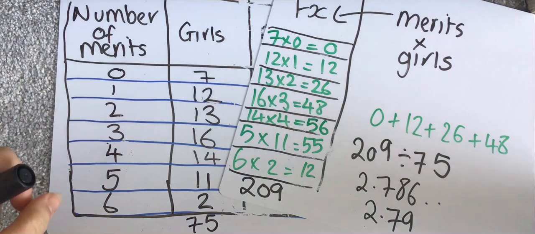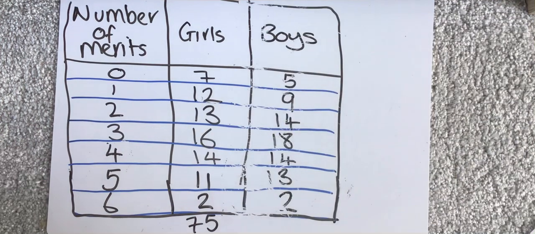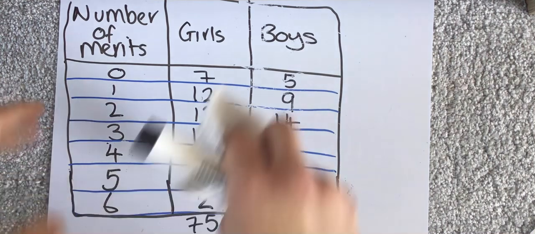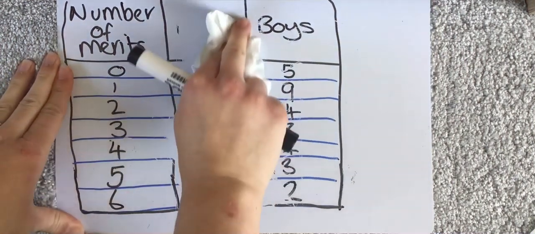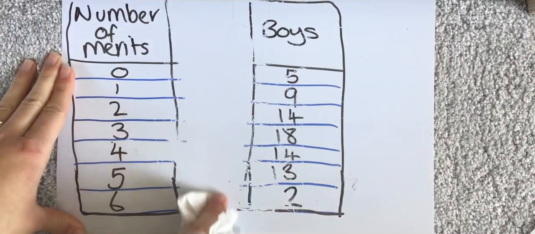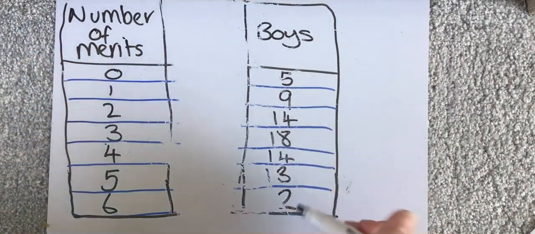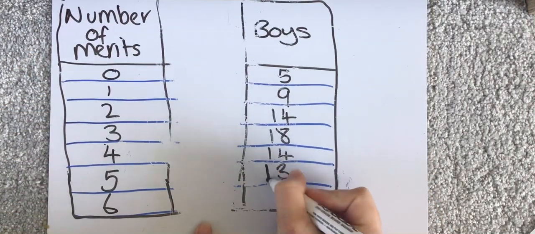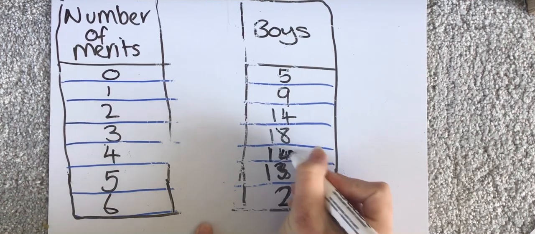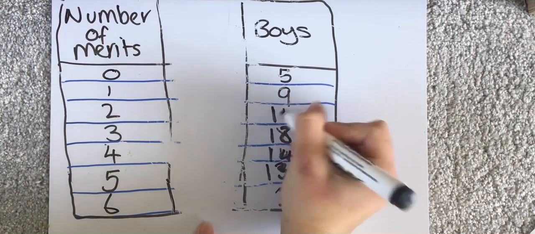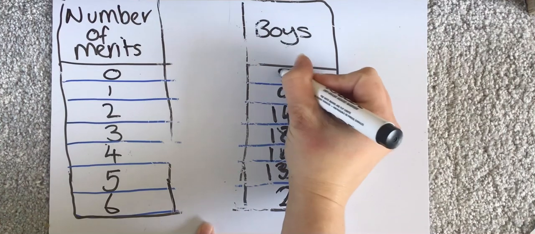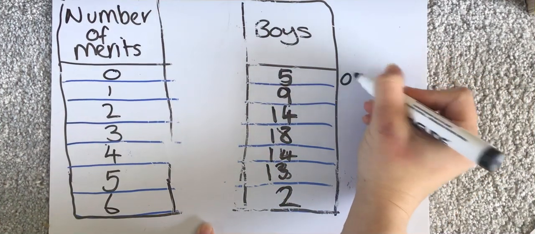Okay, once I've done that, I do the same thing for the boys. So I'm going to save that I've got those girls somewhere. I'm now going to ignore the girls, and I'm going to do the same thing for the boys. Okay, so I'm going to do 0 times 5.